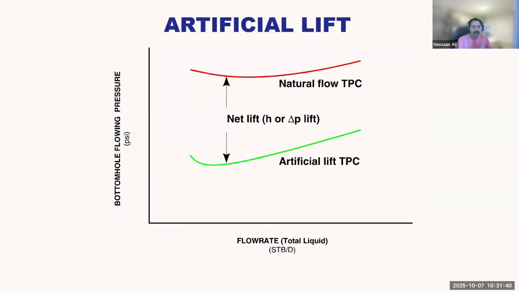This is what we call bottom hole flow. It's essentially a flow curve. You have your bottom hole flowing pressure, in PSI, on your y-axis, and your flow rate, which is standard barrels per day, STB per day, of total liquid on your x-axis. And what it shows is a flow curve between an artificial lift TPC.